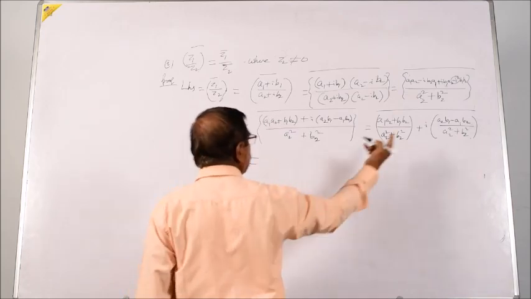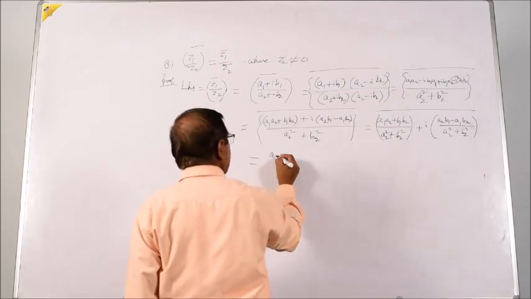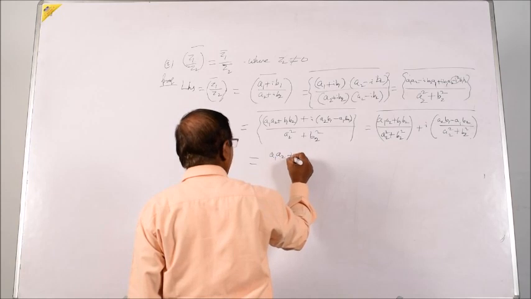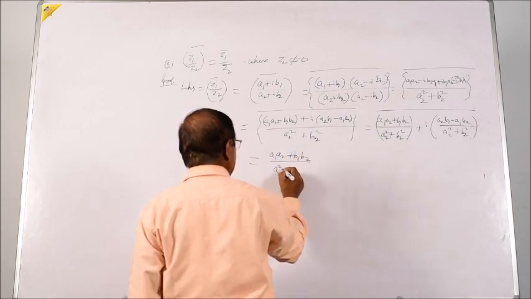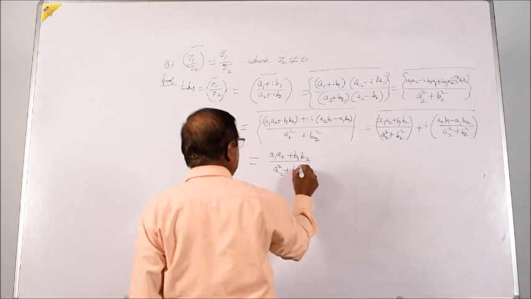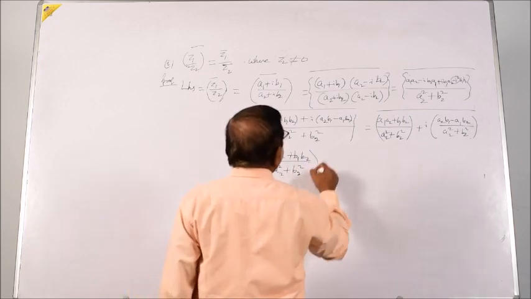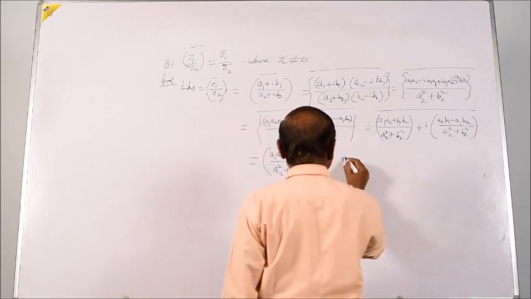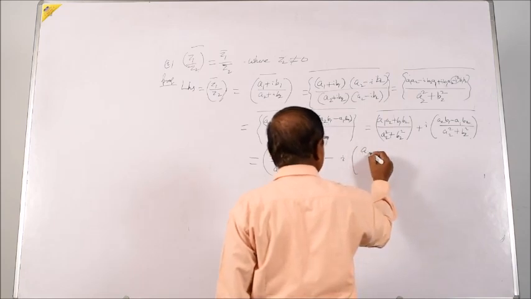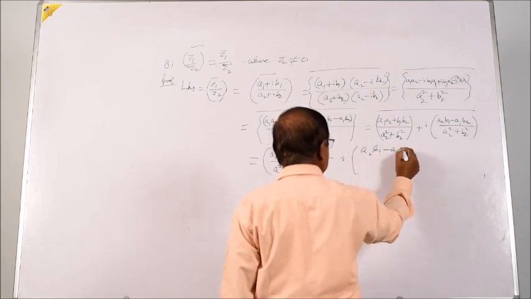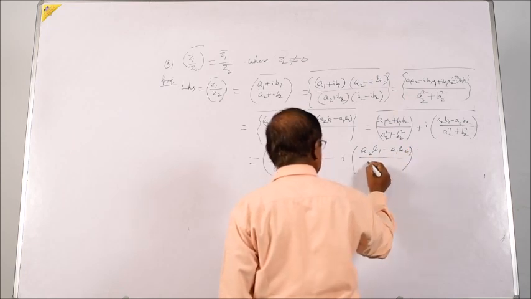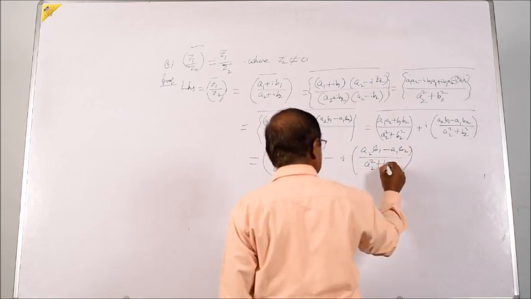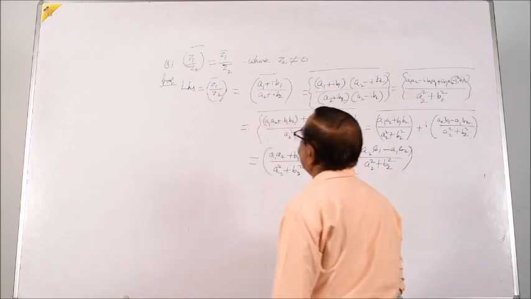Ultimately you will get a minus here: a1 a2 plus b1 b2 by a2 square plus b2 square minus i times a2 b1 minus a1 b2, whole divided by a2 square plus b2 square.